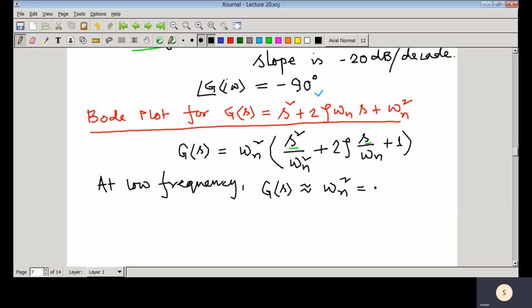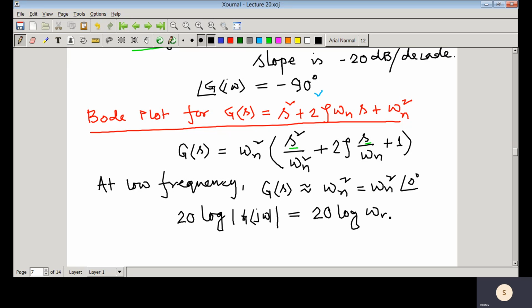So we can write that this is omega n square angle 0 degree. So in dB scale, that would be 20 log |G(j omega)|, whenever this factor is that second order factor G(j omega). So this one would be equal to 20 log omega n square.